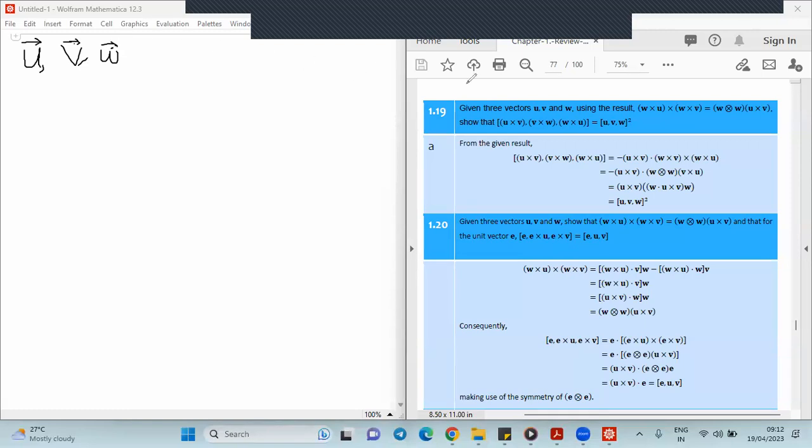The book already gives us a result that we should use as reference.